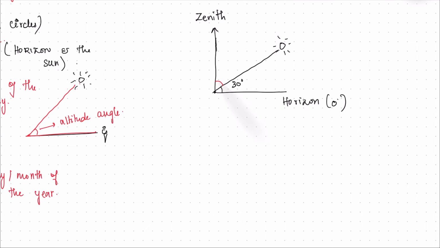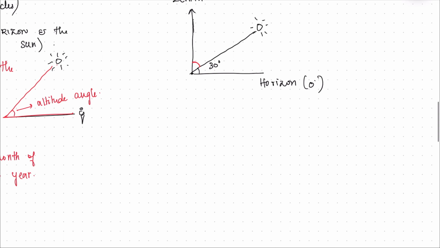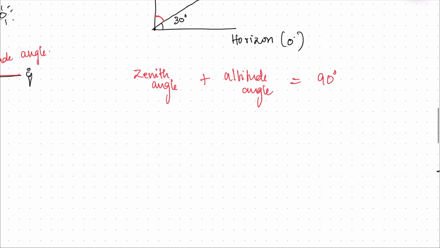And usually your zenith angle plus the altitude angle gives you 90 degrees. Sometimes they might ask you a question. Let's say, for example, the altitude angle of the sun is 50 degrees and the azimuth angle is 130 degrees.